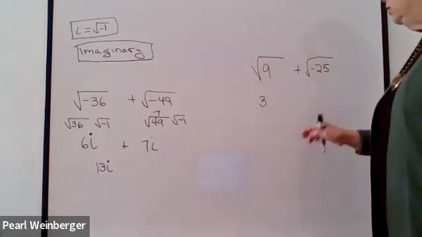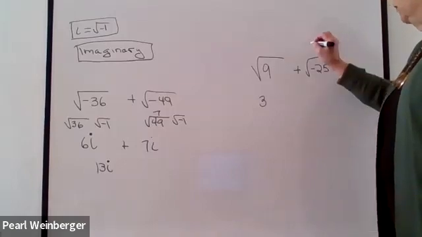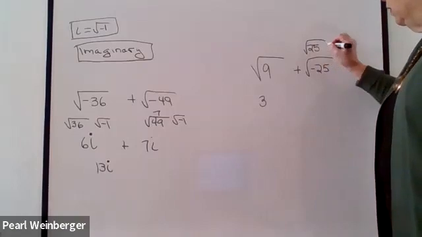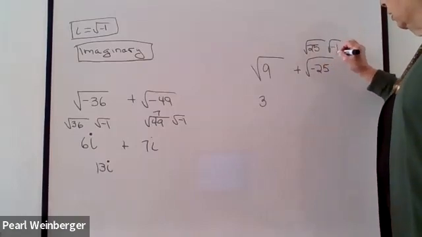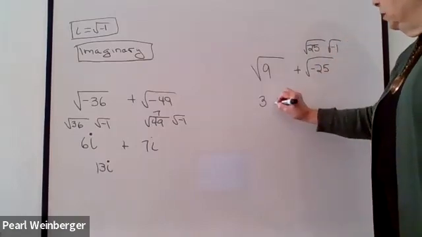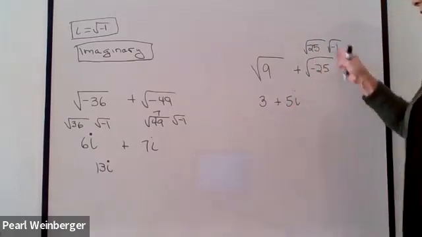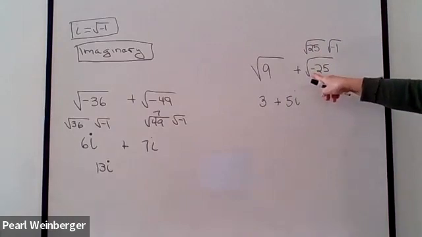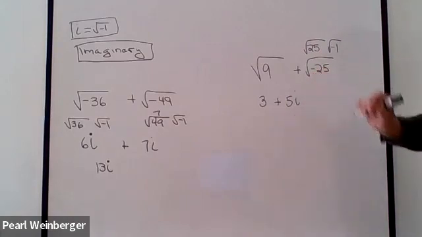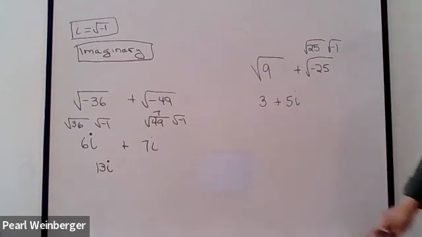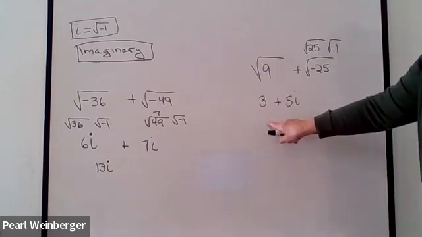The square root of -25 is going to be the square root of 25 times the square root of -1, which will give me 5i. Don't forget, when there's a negative inside a radical, it's going to translate to an i. And I cannot combine these any further because they're not like terms.